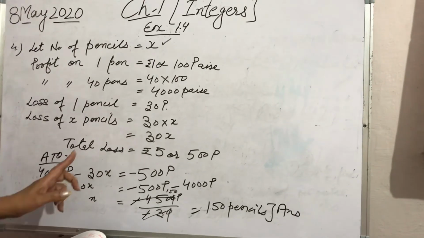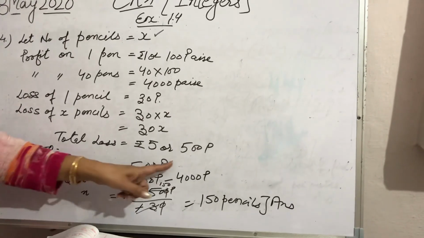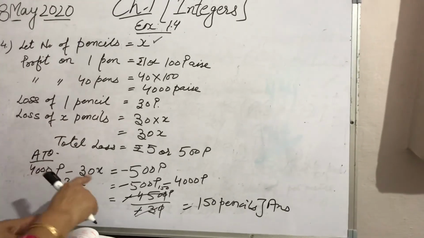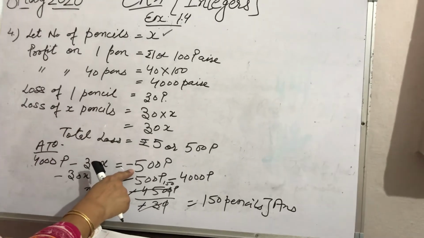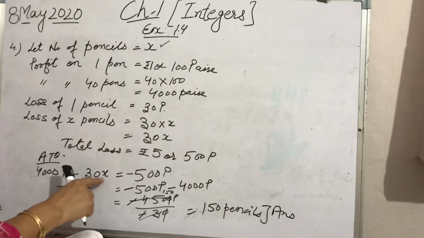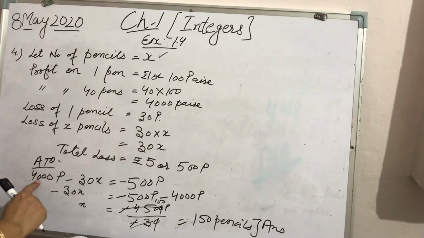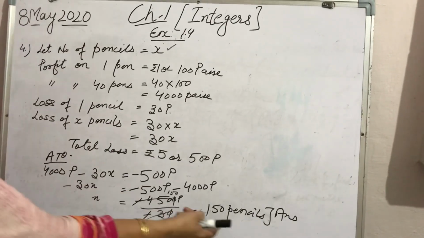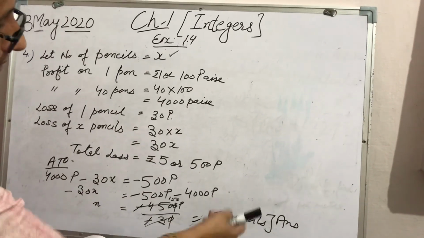Remember this thing, loss is always taken as a negative integer and profit is always taken as a positive integer. That's why we have used a negative sign with loss 500 and with loss 30x. So we have to find the value of x. x is the number of pencils, so we have to find 150 pencils. This is the answer.